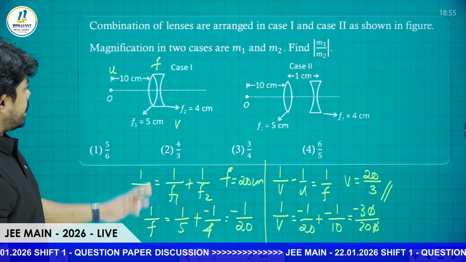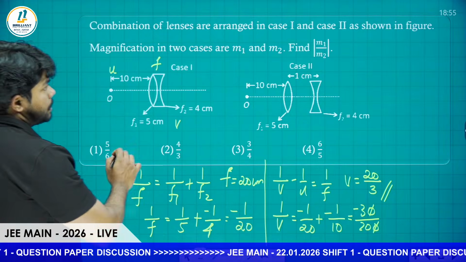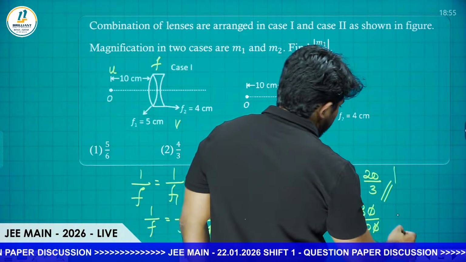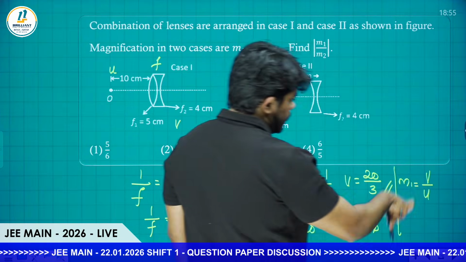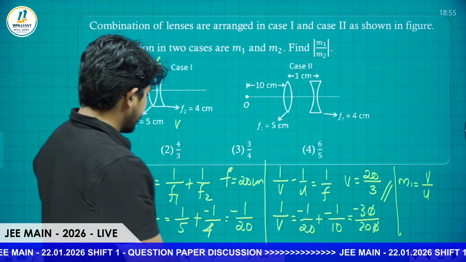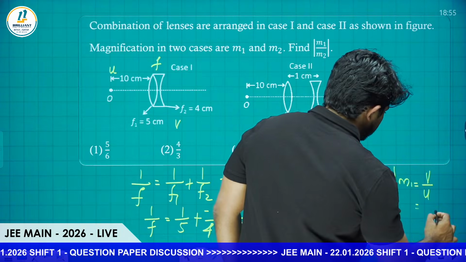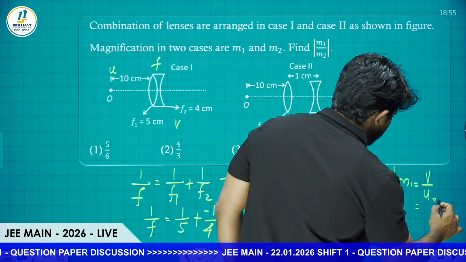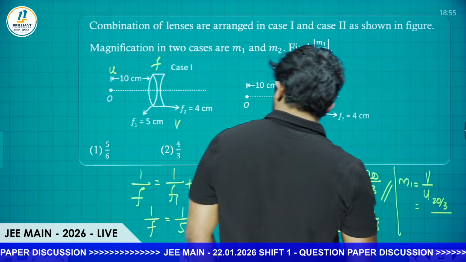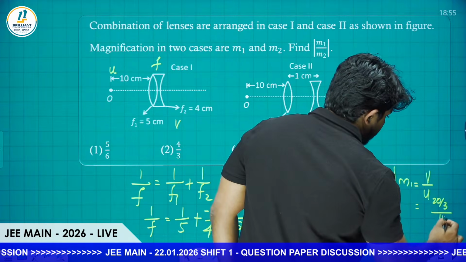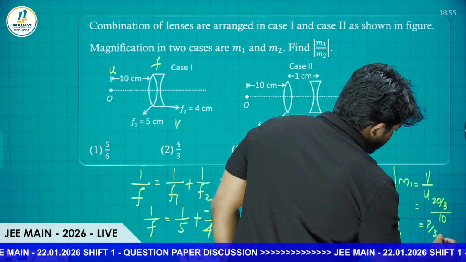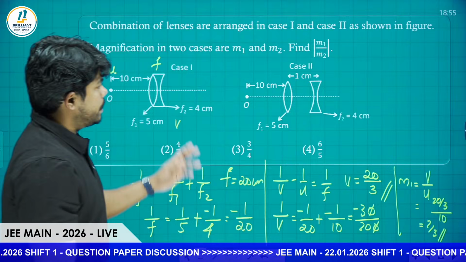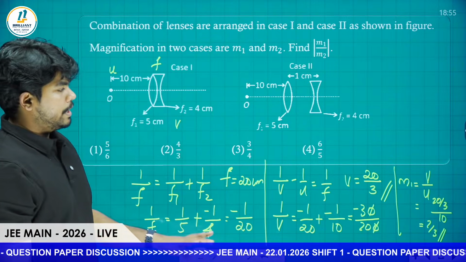And what will be the magnification? M1 will be equal to v by u. I am only taking the magnitude part here. So 20 by 3 divided by u, which is 10, so it's 2 by 3. M1 will be 2 by 3.